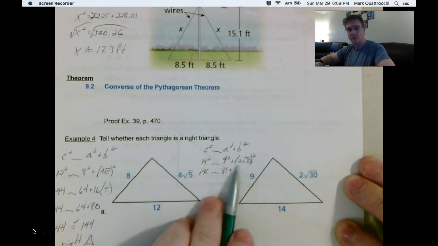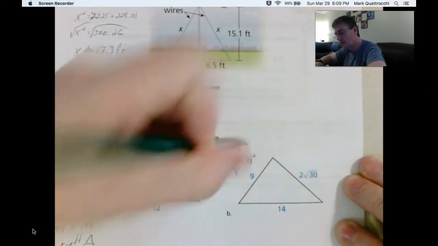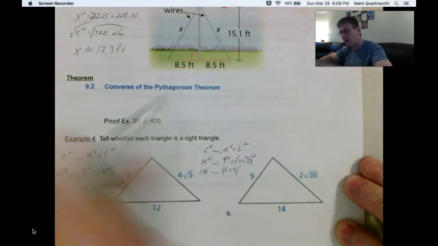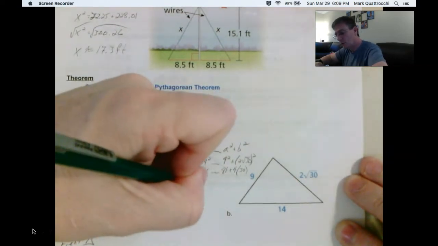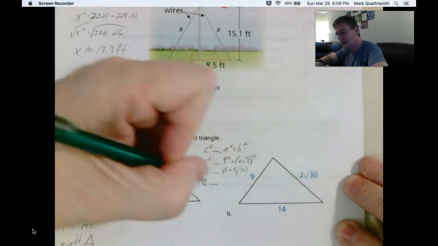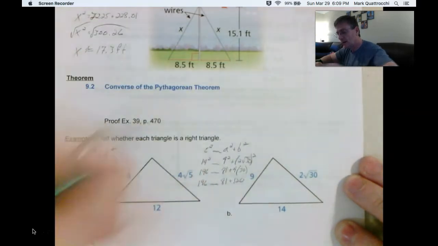I have to square each part, so 2 squared is 4. Square root of 30 squared is just 30. They cancel. 196 blank 81 plus 120.